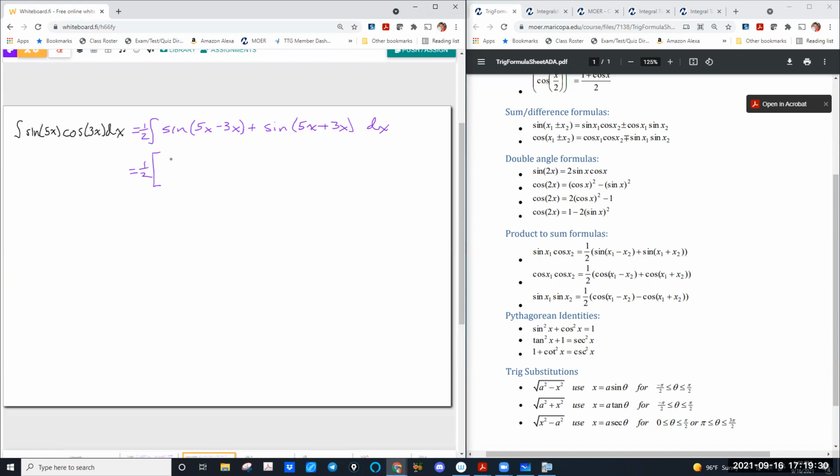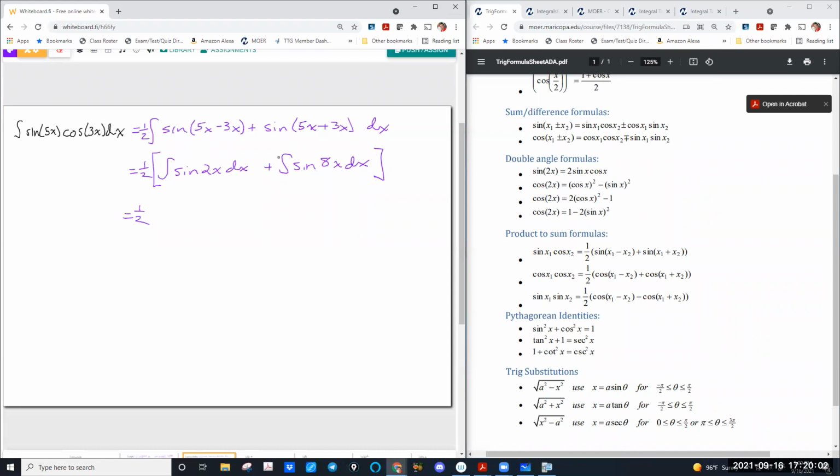And basically, you don't have to do this. I'm going to do this for this one, for the notes, but I'm going to split this into two integrals. This will be the integral of sine of 2x dx plus the integral of sine of 8x dx. The brackets are because of the 1/2. You could have put the 1/2 in front of both. That's fine too. Just my way of doing things. I like saving the constants till the end.